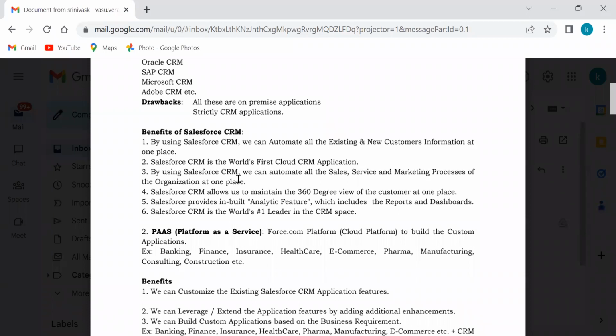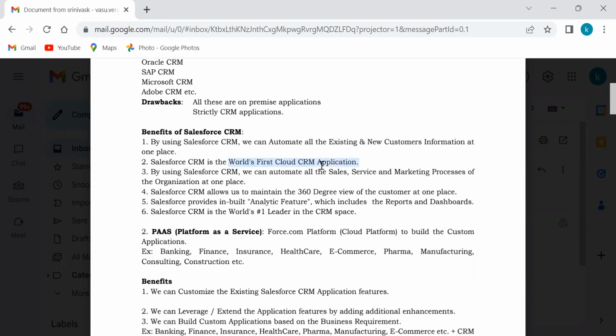As part of the Salesforce CRM application, they are providing a sales application, a marketing application, and also a service application, using which we can automate sales, service, and marketing processes of any organization.